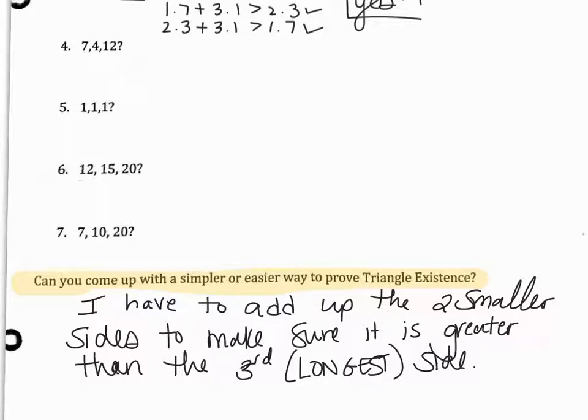Instead of having to test all 3 possible combinations every single time, I can cheat the system, where all I have to do is add up the 2 smaller sides to make sure it's greater than the third side, which is the longest side.